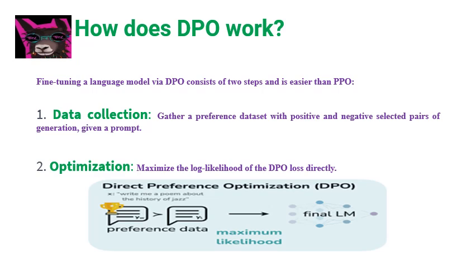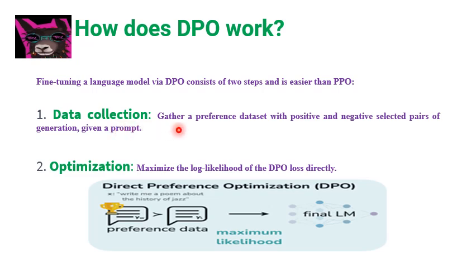Okay, how does DPO work? Fine-tuning a language model via DPO consists of two steps and is easier than PPO. I think until now all of you agree with this point. We don't use an explicit reward model and we directly optimize the policy. We have two steps: data collection and optimization.